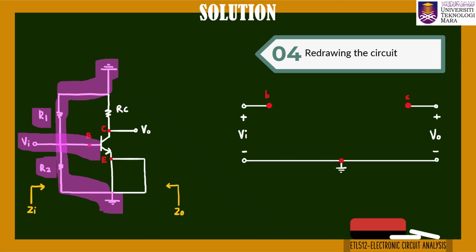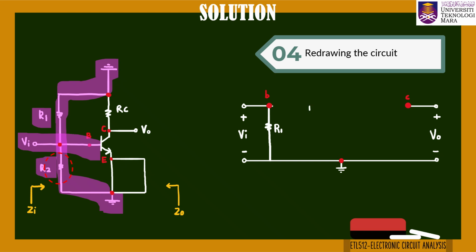At the base terminal, we have two resistors R1 and R2. Consider R1. It is connected between the base and ground. So, in the AC equivalent circuit, we draw R1 between the base to ground. Next, we consider R2. R2 is also connected between the base and ground.